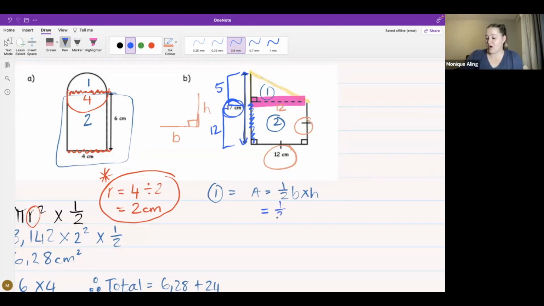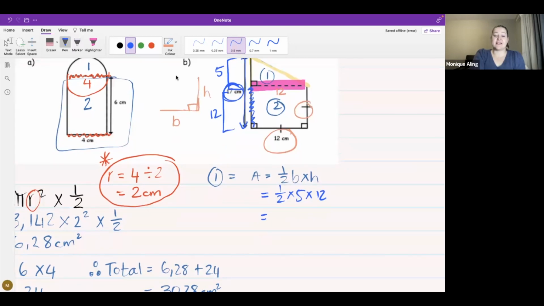Okay, so it's going to be half base, which is 5 times height, which is 12. Nice, Siwa. Okay, when we work that out, that gives us the area of our triangle. And that gives you an answer of 30 centimeters squared.